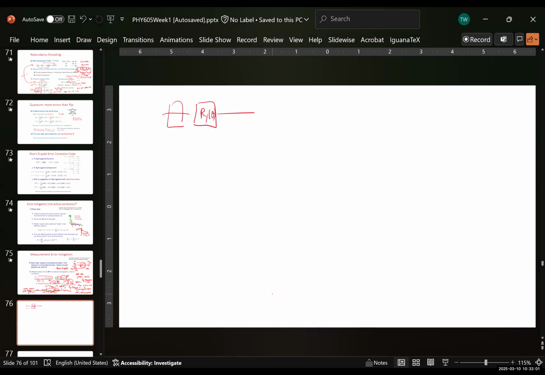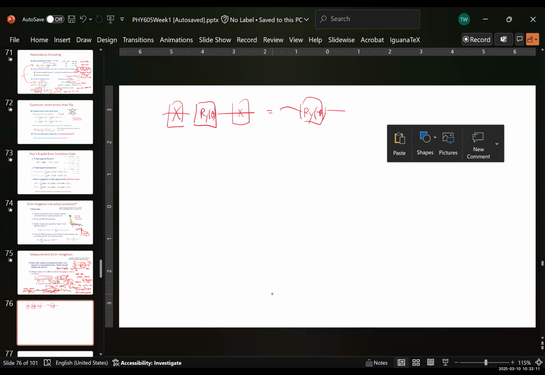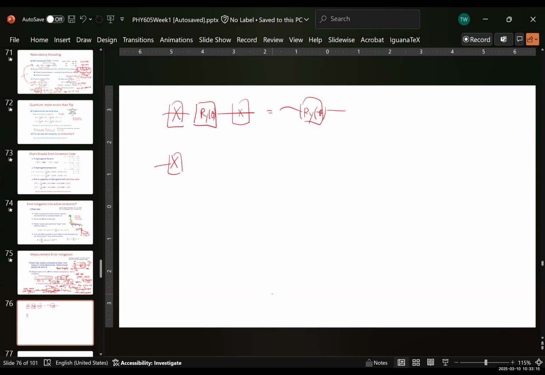If you apply, for example, X and X, this will become a negative angle, so it will change that. For example, an X and then the gate. If they commute, if X moves to the right, it becomes a Z gate. If I apply Z, then this will be identical to this.